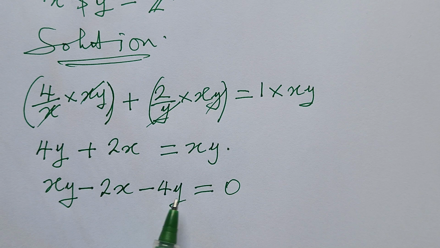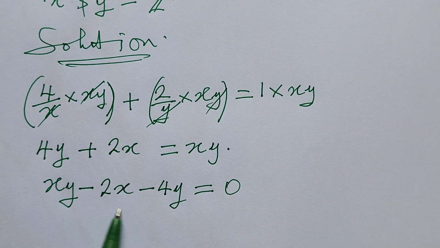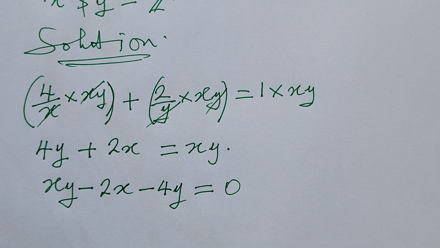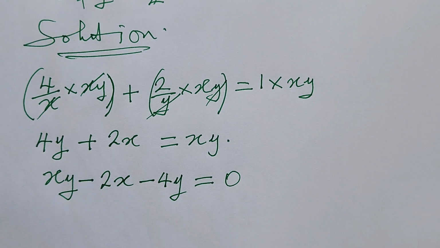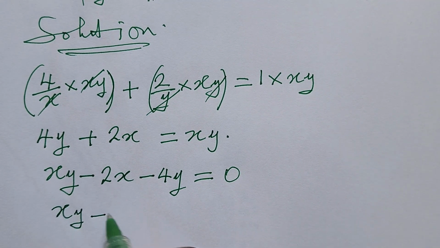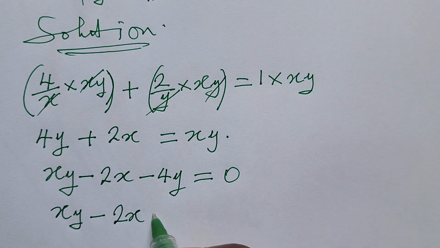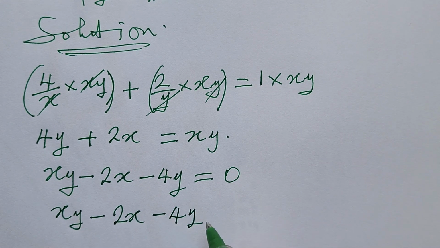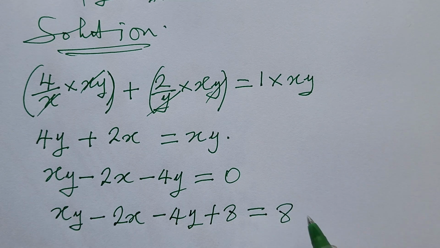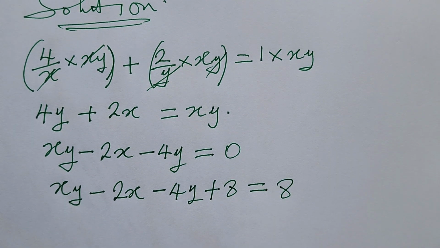We use 4 to divide the number to give us 2, so that we have a similar expression y minus 2 from here. So the number is just 8. We're going to add 8 to both sides of the equation. It is going to give us xy minus 2x minus 4y plus 8, and we also add 8 to the right hand side of the equation.